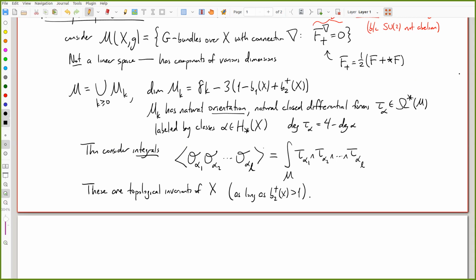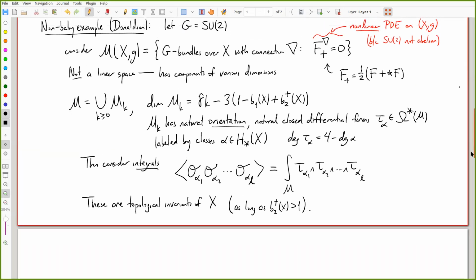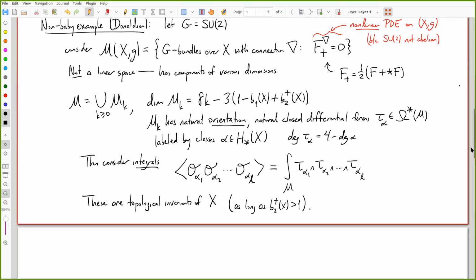Okay, so these are powerful invariants in four manifold topology. On the other hand, they're somehow very difficult to work with.